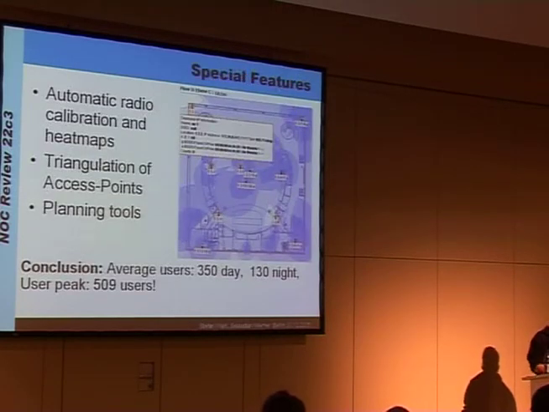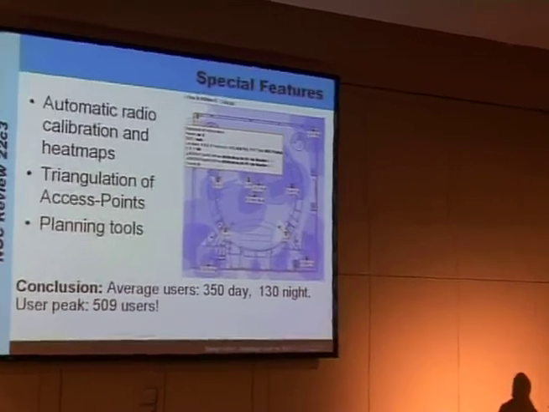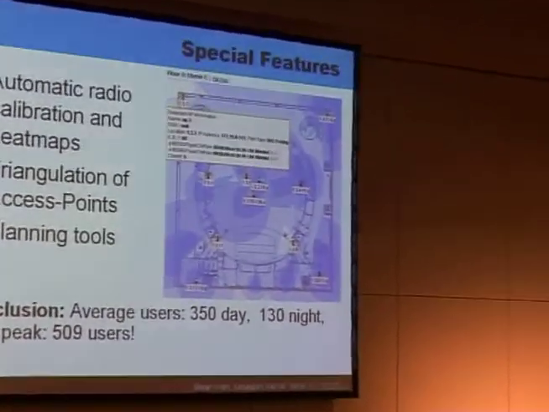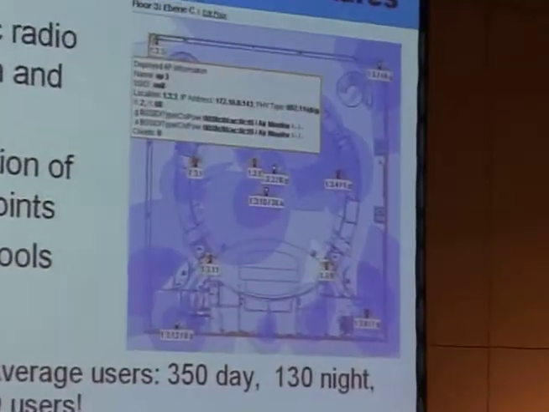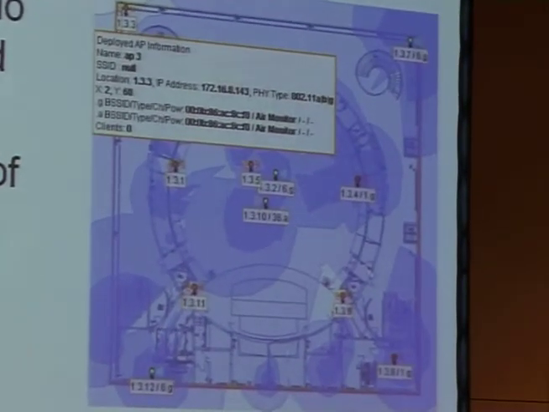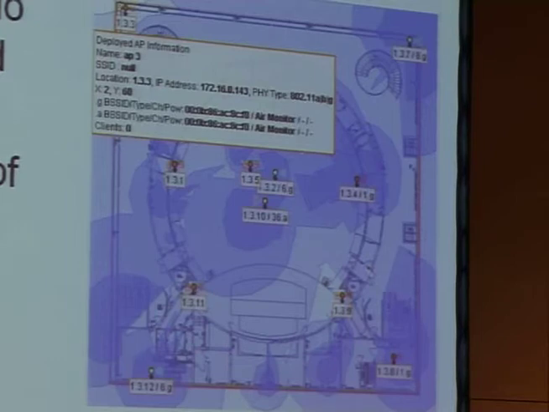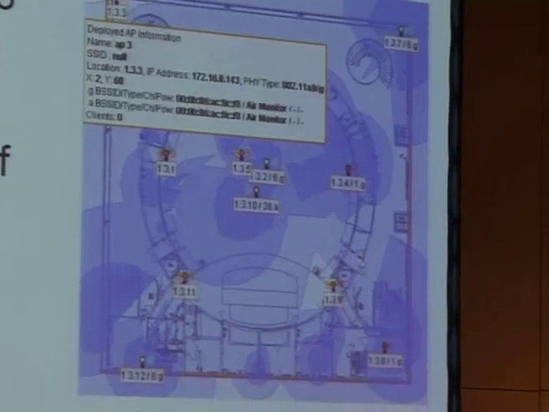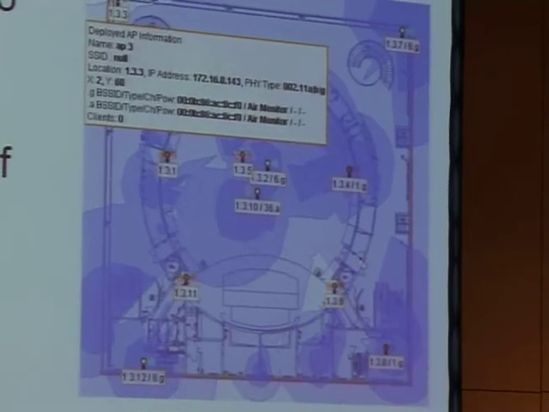The special feature of this hardware is, as you can see in the map, the calculated transmit power for different areas of the building. You have this nice planning tool where you can put in a map of the building and you sketch in the access points, and of course you have to calibrate it, and then it gives you these heat maps.